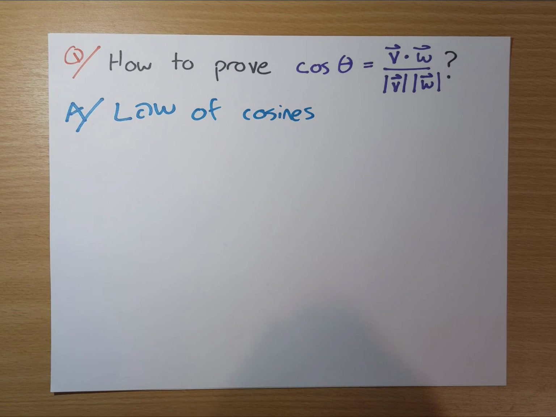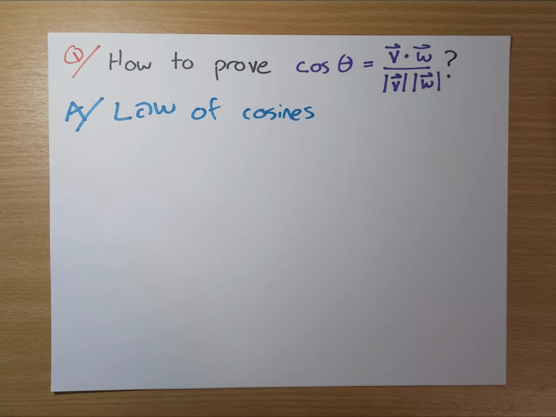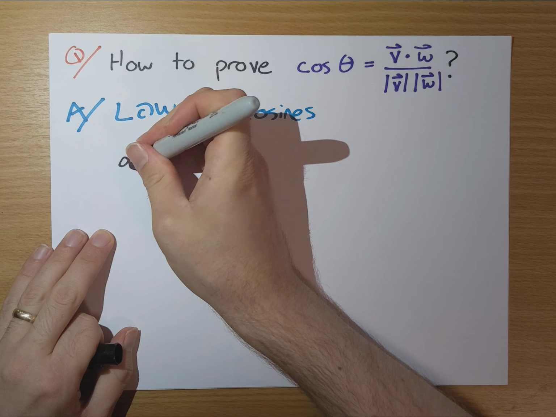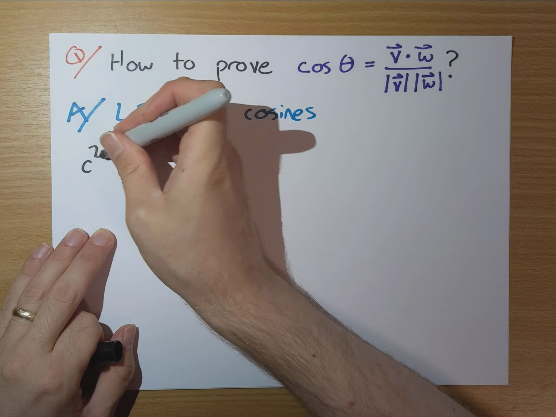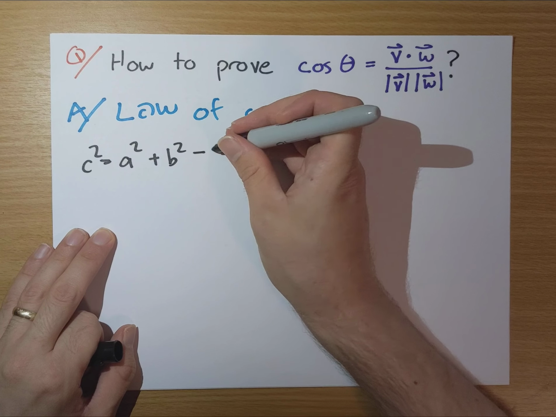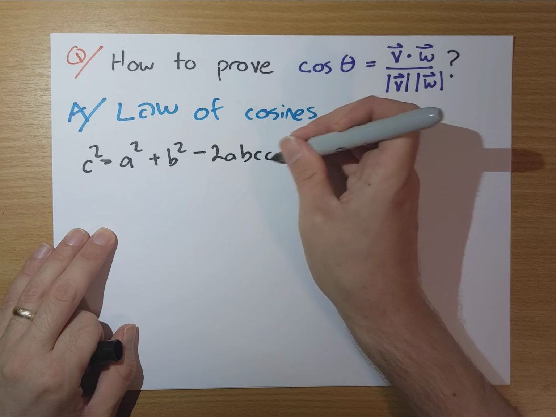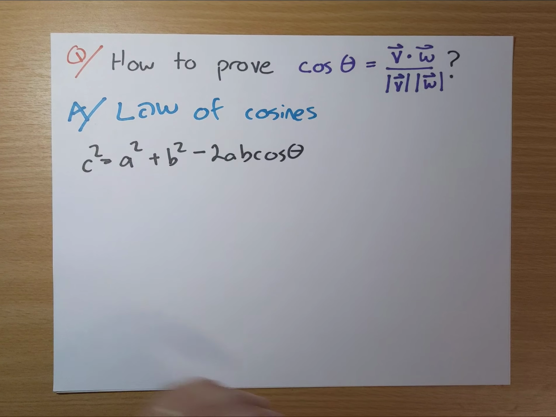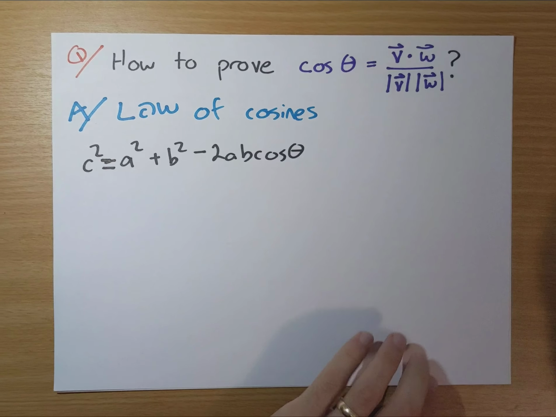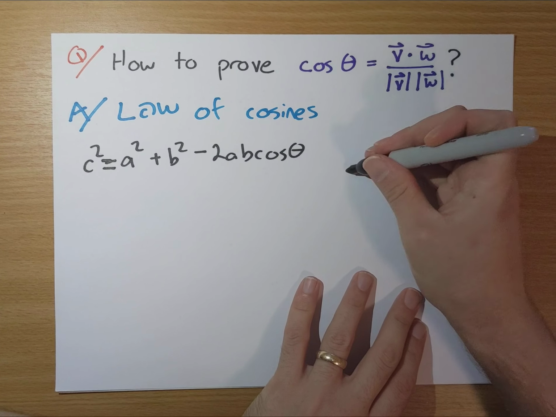This is something that you probably ran across in a high school trigonometry class. What does the law of cosines say? It says c squared is equal to a squared plus b squared minus 2ab times cosine theta, where I need to draw a triangle to illustrate a, b, c, and theta.